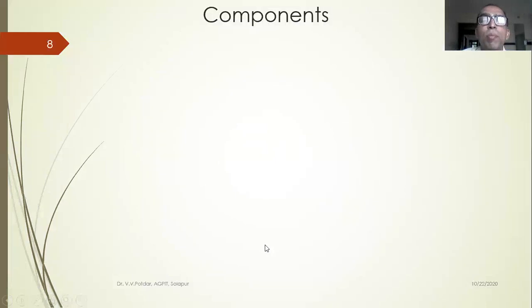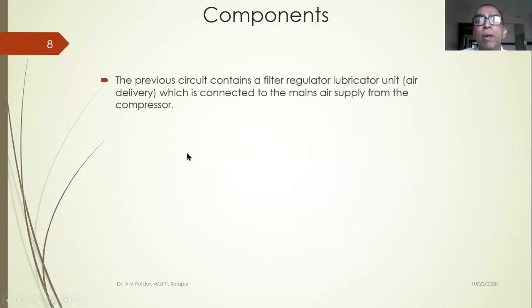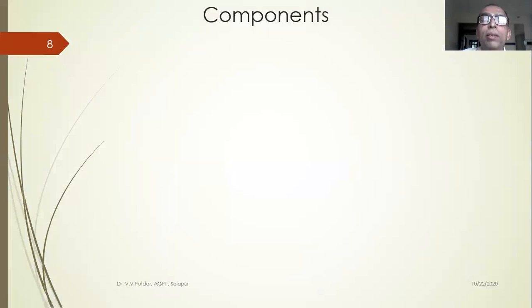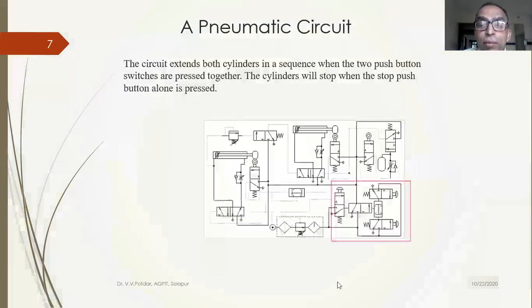Then we have different components. We'll see these in details. The previous circuit contains a filter, regulator, lubricator, FRL unit. This is, as I told you, the FRL unit, filter, lubricator, and dryer, and regulator unit.